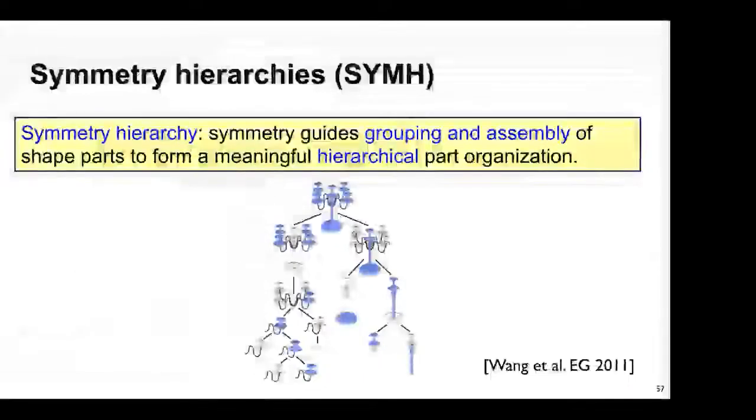So I'm going to switch gears to the second part of my talk, which is on learning structural representations. I'm going to start by introducing a particular structural representation for man-made shapes, called a symmetry hierarchy. A symmetry hierarchy uses symmetry to guide the grouping and assembly of shape parts and to form a meaningful hierarchical part organization, as you can see here in this example.